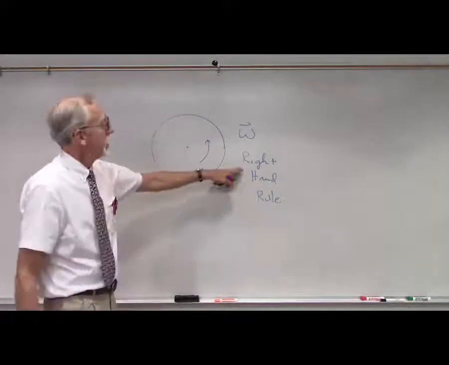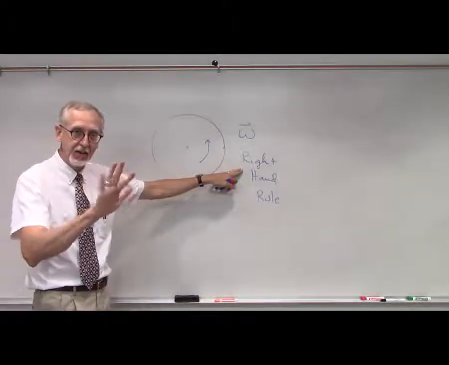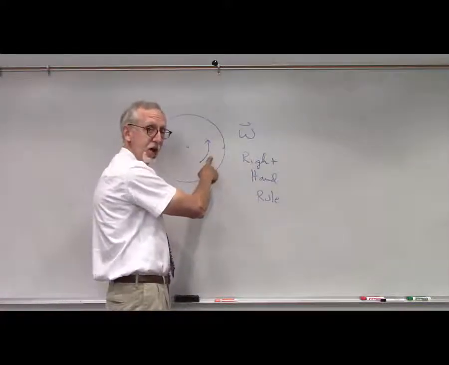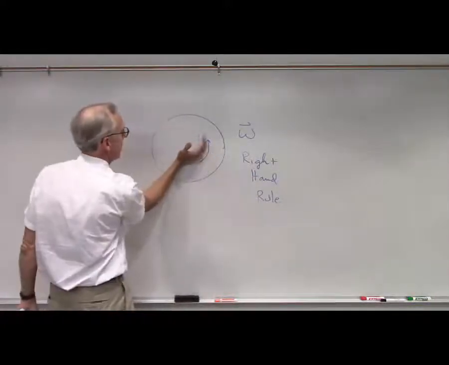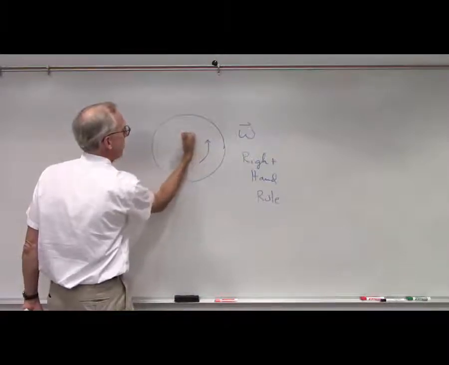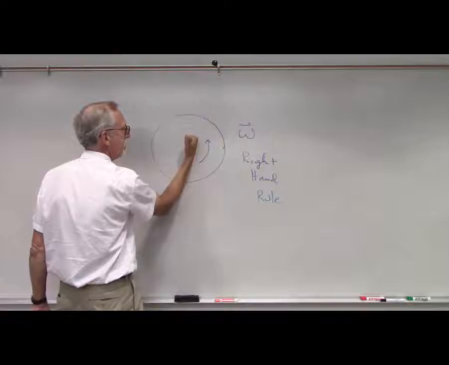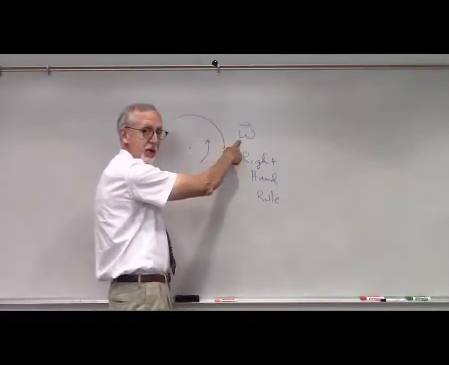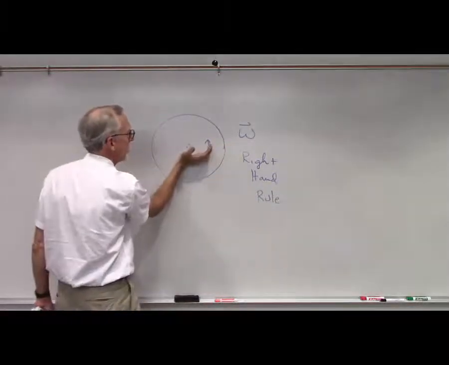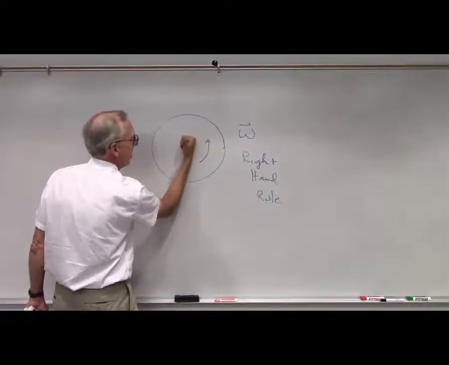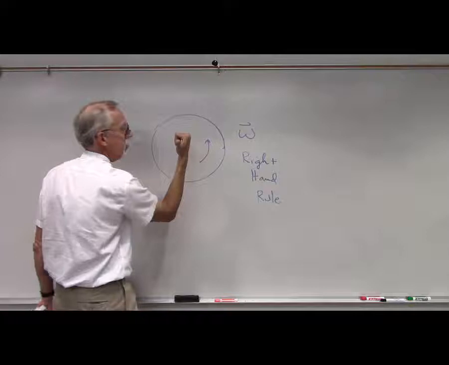But using your right hand, if you rotate your fingers in the direction of the rotation, like this, your thumb will then point in the direction of the vector associated with that rotation. So in this case, if our wheel is rotating this way, the direction of omega is actually out of the board.